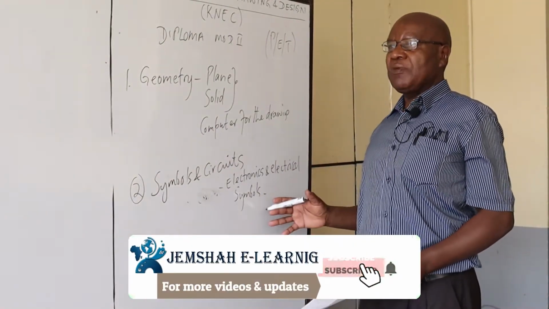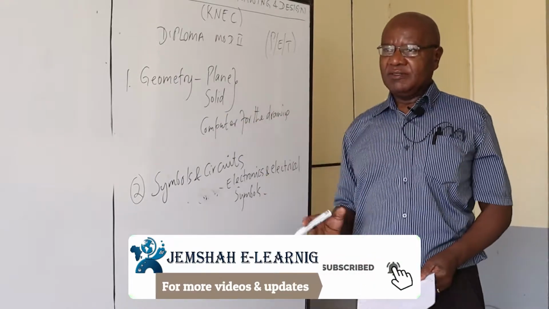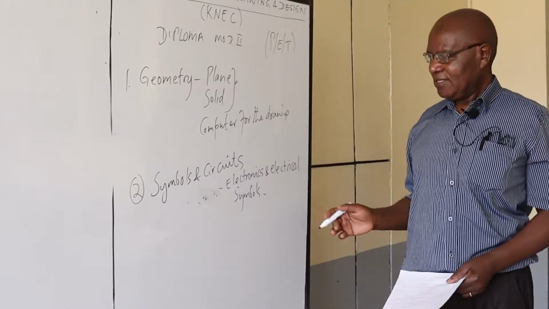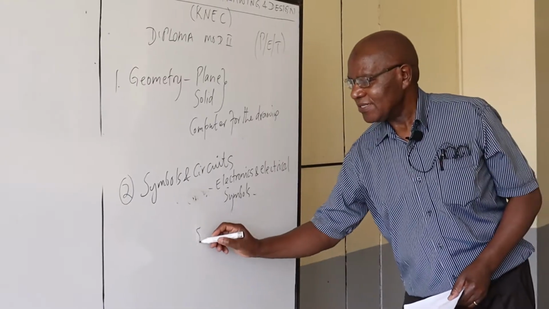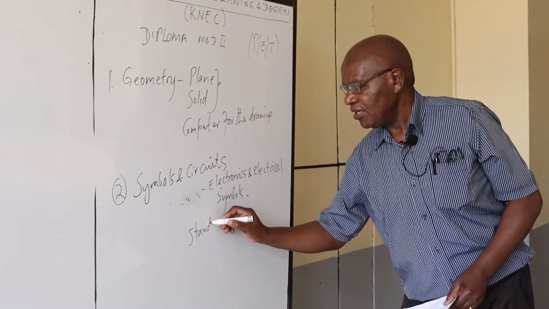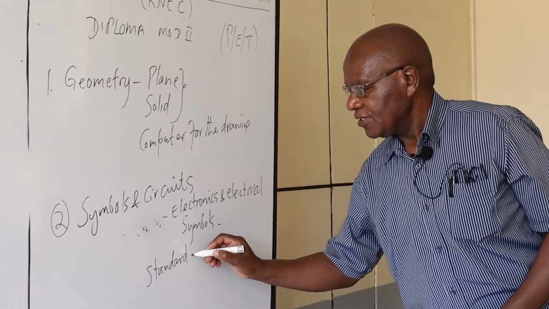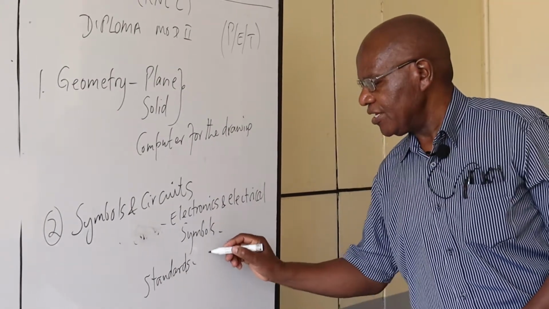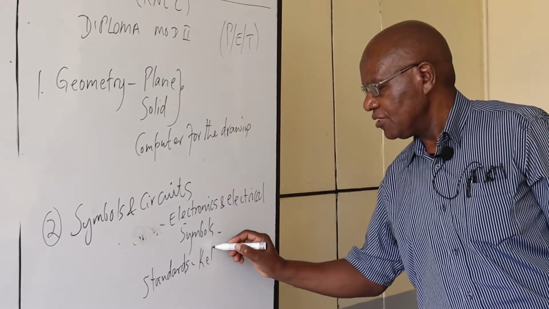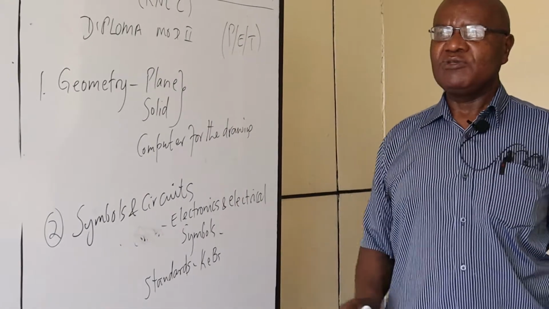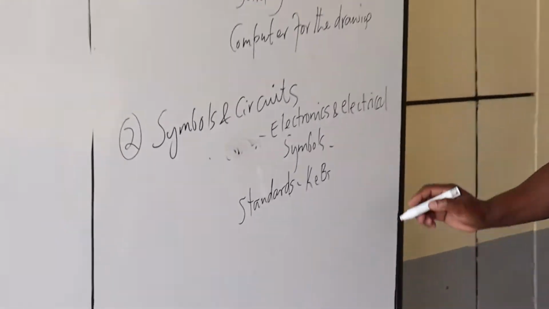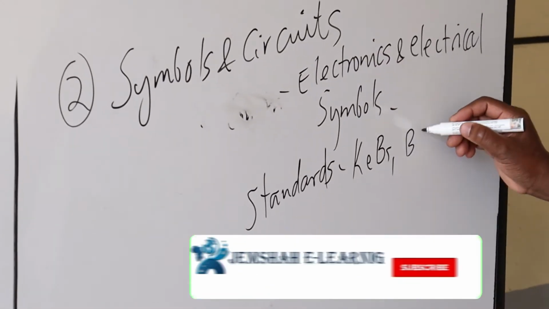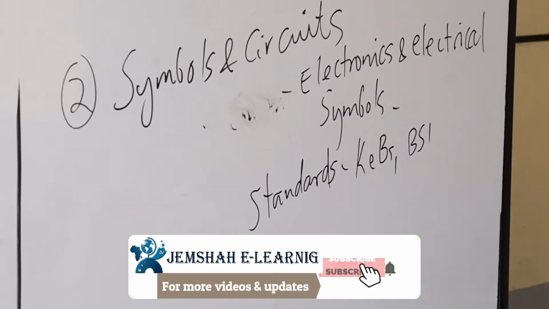Now, for the diagrams to be understood nationally and universally, we need to have some standards. I think later on, there will be a short summary of the standards. In Kenya here, we have KEBS, Kenya Bureau of Standards, which produces some standards. We have also got the British Standards Institution, which produces standards.